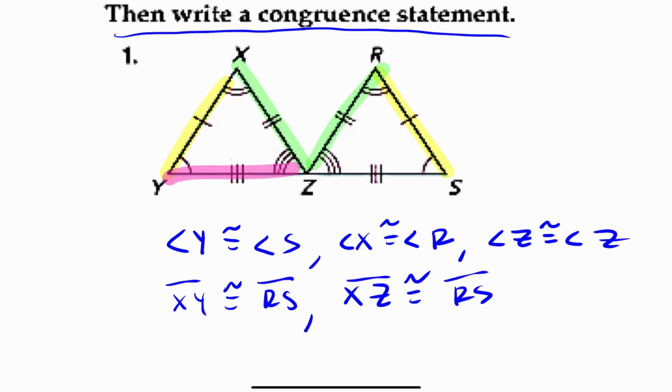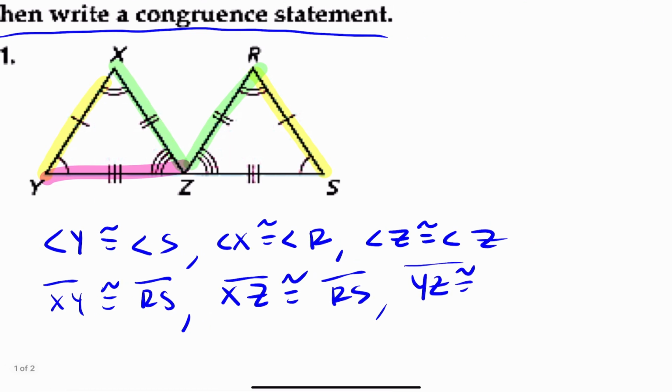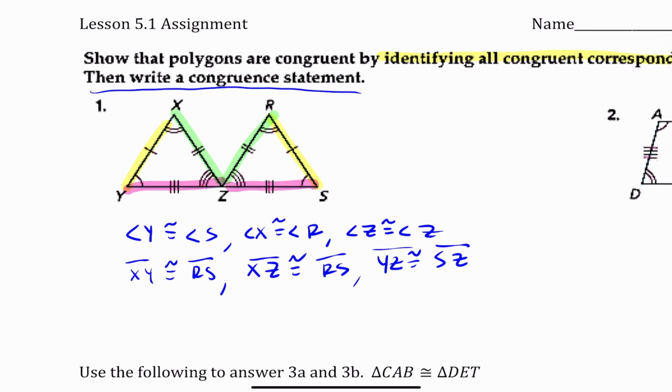And then lastly, segment YZ is congruent to segment ZS or SC. I'm just going to say SC. Doesn't really matter. And there you go. Now that I show that the angles that correspond are congruent and the segments that correspond are also congruent, I can go ahead and write a congruency statement.